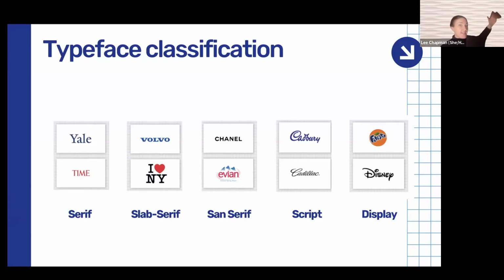New York City and Volvo are a great example of that. Volvo cars are really heavy. They're known for safety. New York, I've never met a New Yorker that wasn't proud of being a New Yorker. It's great. Then we get into sans serif, basically the absence of these little feet.